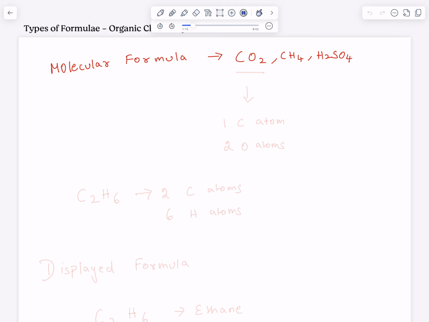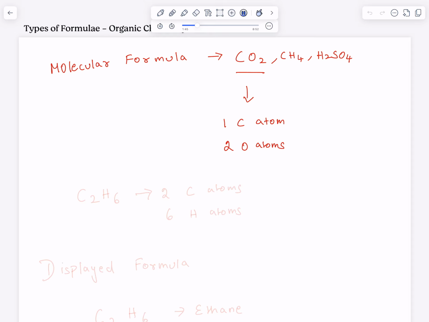For example, let's look at carbon dioxide. Whenever you're writing your molecular formula, this is showing us we have one carbon atom and 2 oxygen atoms. This molecular formula is showing us the actual number of each atom in a molecule, one molecule at a time.